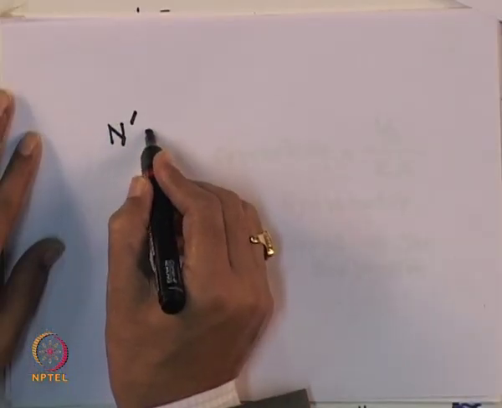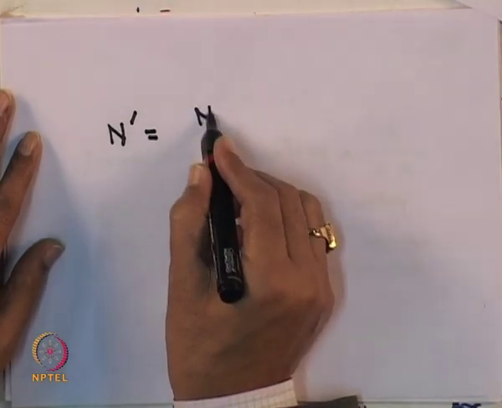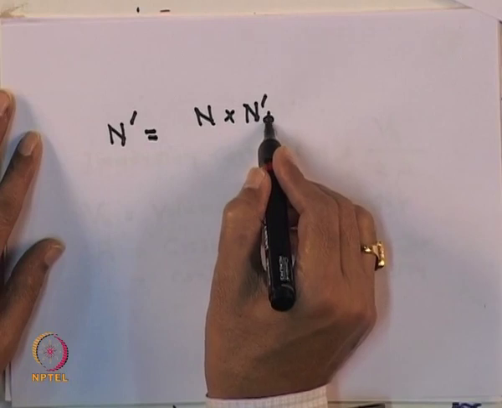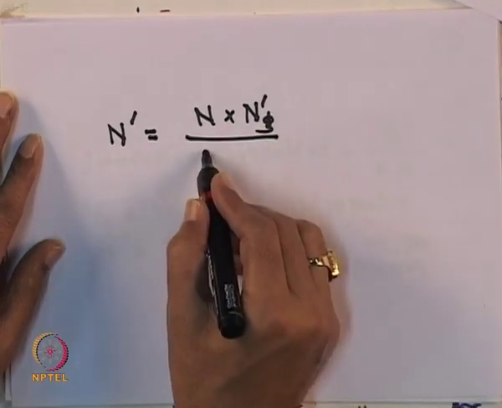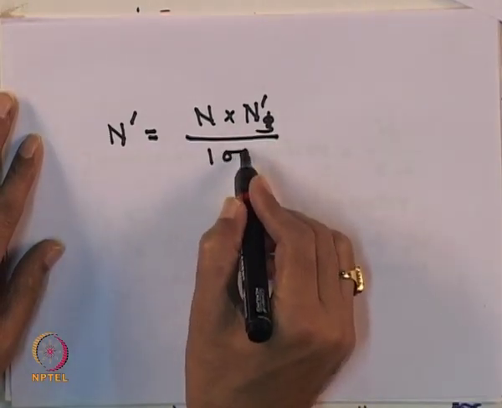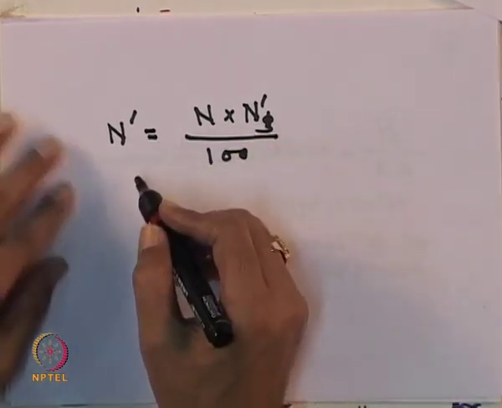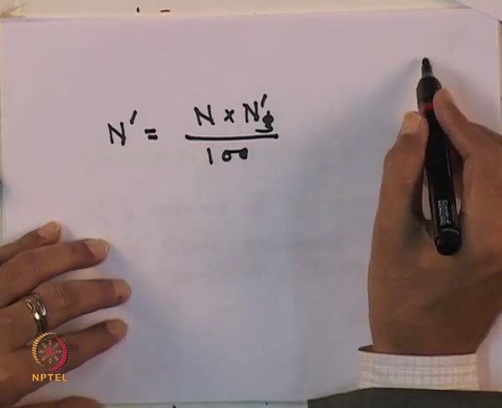That means the modified N dash will be equal to N into N dash G, divided by 100. So, this modified N dash you have to calculate.